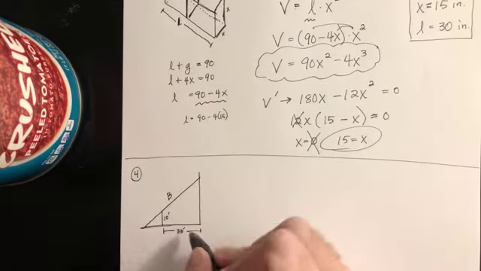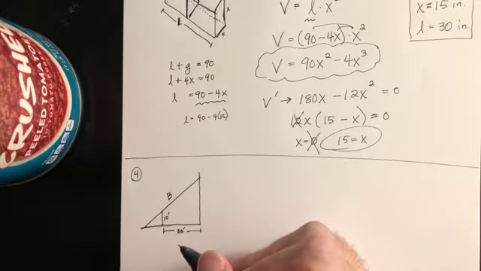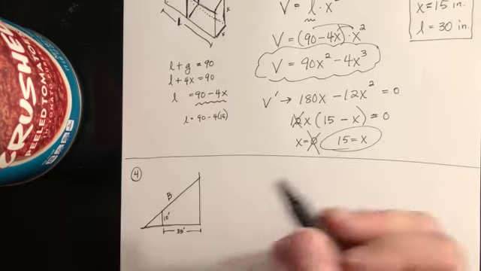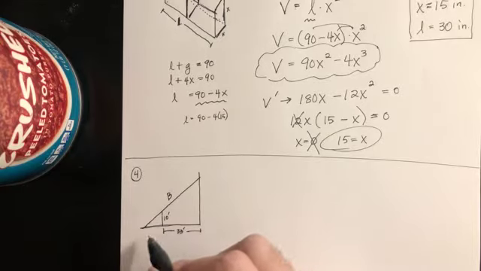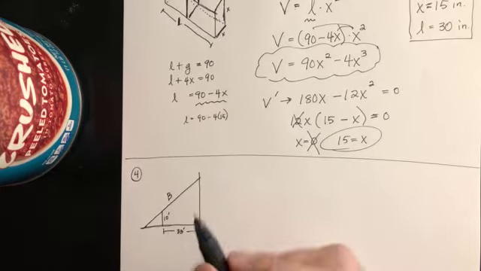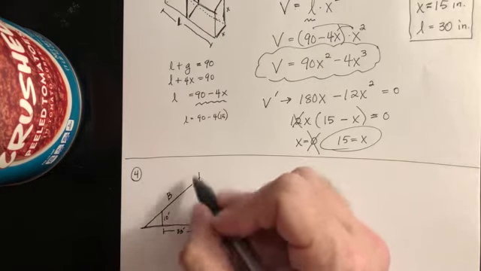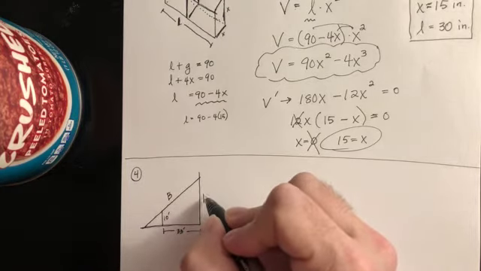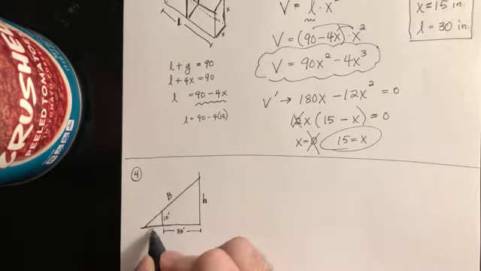Well, you can use the Pythagorean theorem, can't you? Yes, you can. Or there might be another one, we'll talk about it. I'm going to probably do the Pythagorean theorem here. I don't know how high this side is going to be, so I'm going to call it H. And I don't know what this distance is here, so I'm going to call this x, okay?